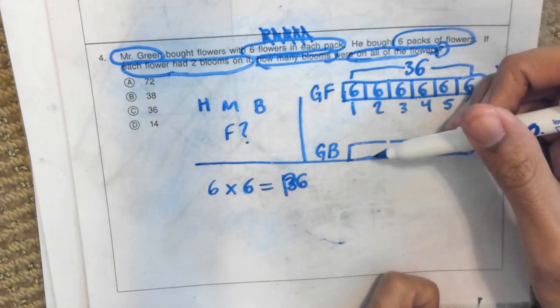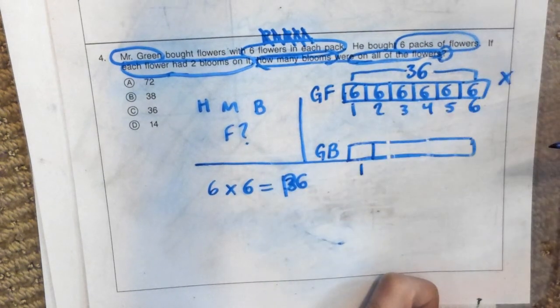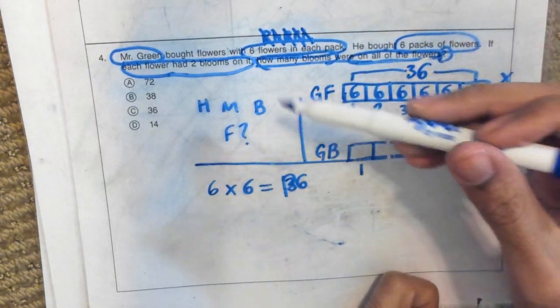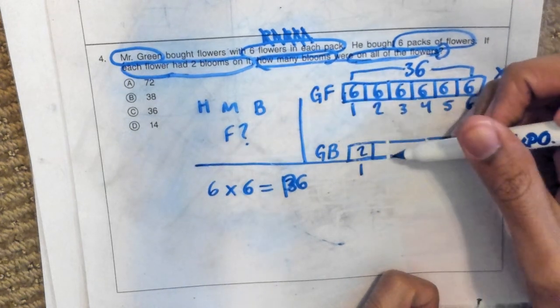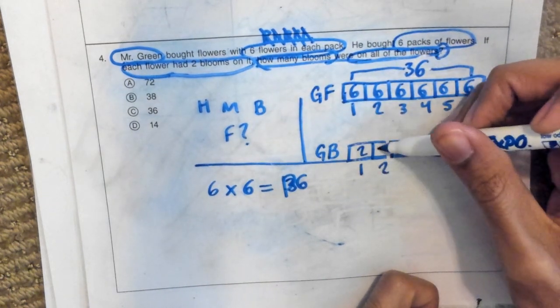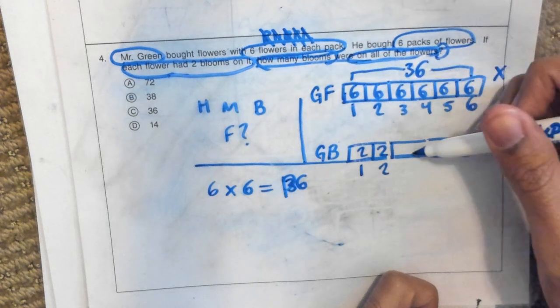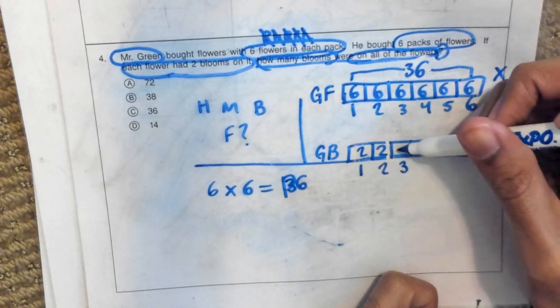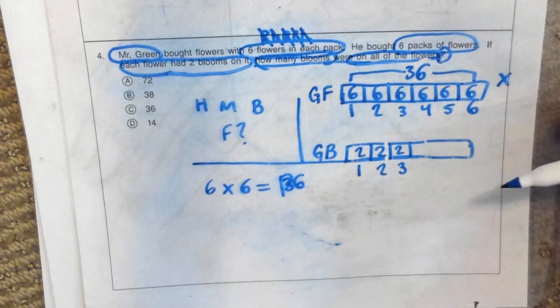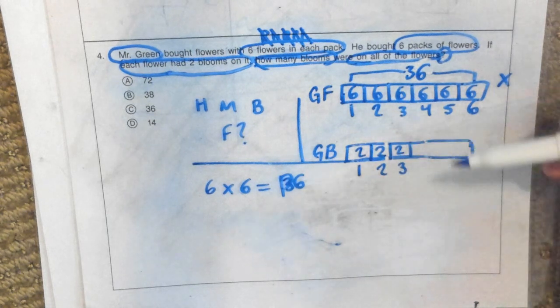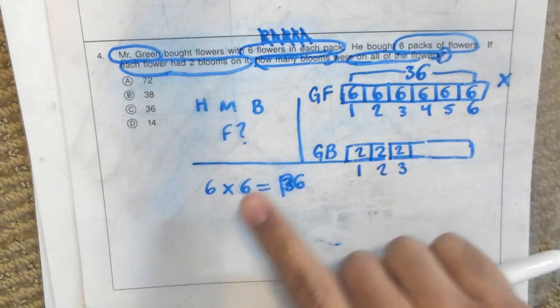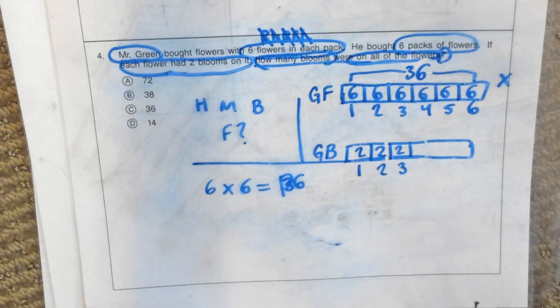So let's start off with our very first flower. Our first flower has how many blooms? 2. Our second flower has how many blooms? 2. What about a third one? 2. Each of them has 2, and I could keep going, but I don't have enough space and I don't have enough time.